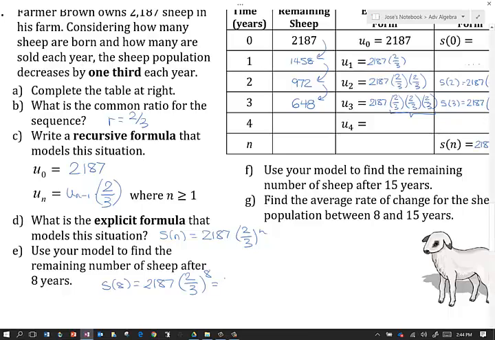And you're going to get, as a fraction, 256 over 3. As a decimal, that would be 85.333. Now, obviously, that doesn't make any sense. So we're going to say that he would have 85 sheep.